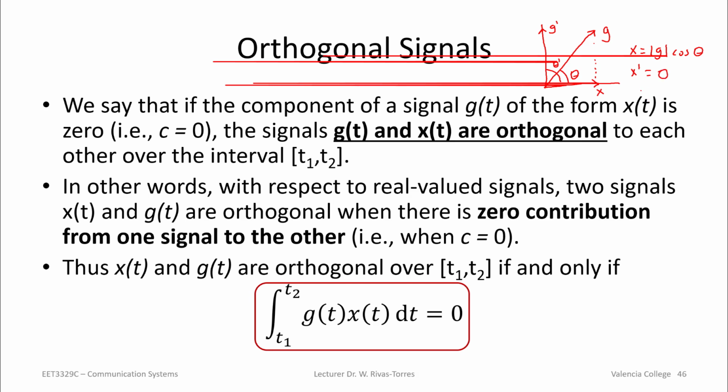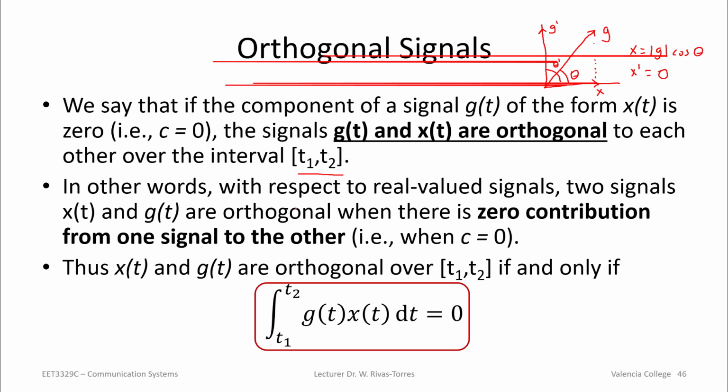And you can see that X prime and G prime would be orthogonal, or 90 degrees to each other. And that's pretty much the concept that we mean with these orthogonal signals. Again, I want to mention that this all happens over the interval from T1 to T2.